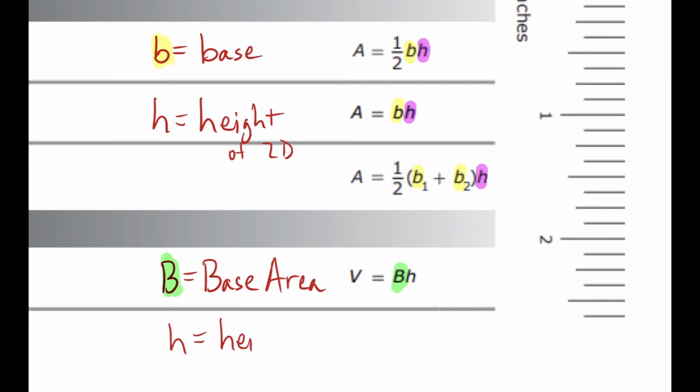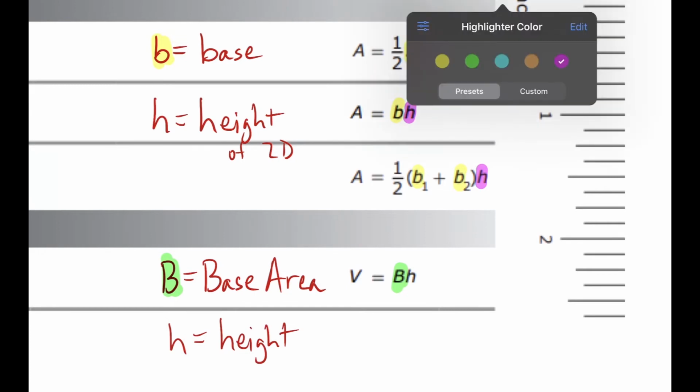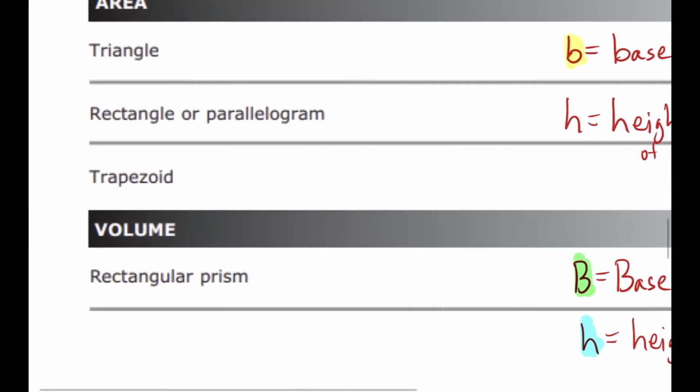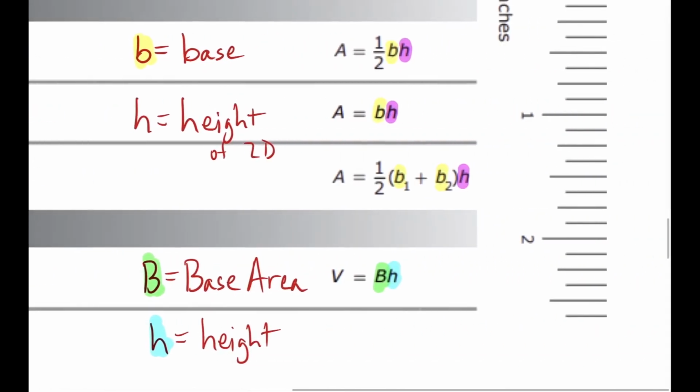Now here I have height, but let me use a different color highlighter for this one. Here I have height, and this height is not the same as these others. It is completely different. This height is the height of a rectangular prism, or a 3D object.